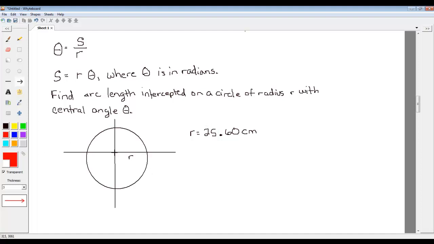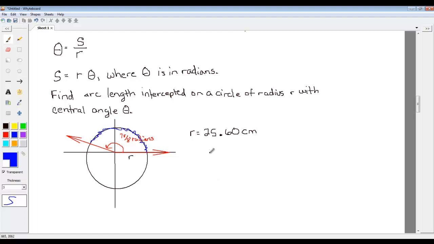So we have an angle, and we're dealing with seven pi over 8 radians. And we want to figure out what the arc length is here.